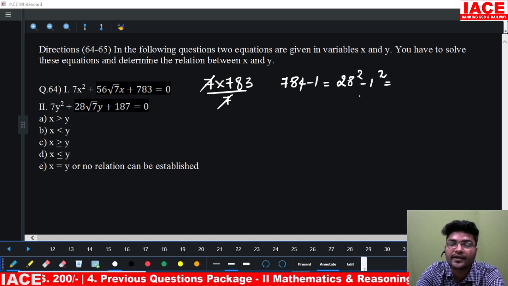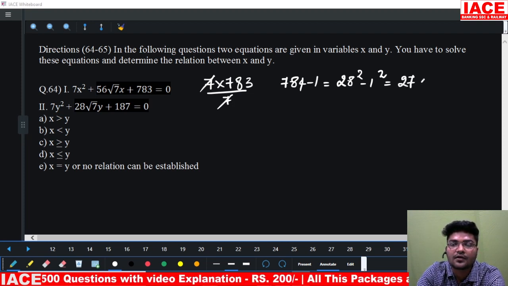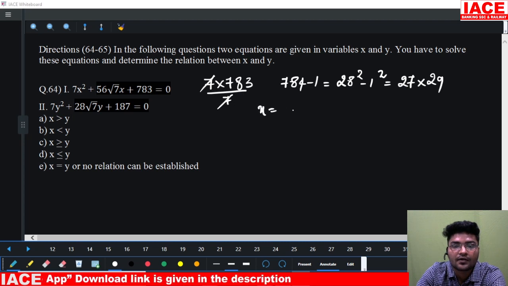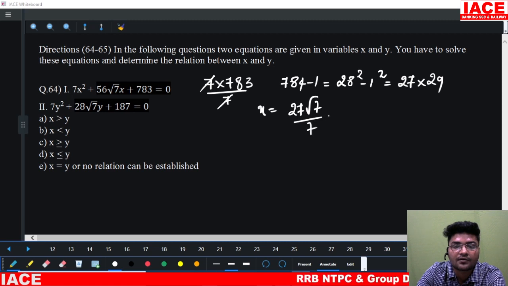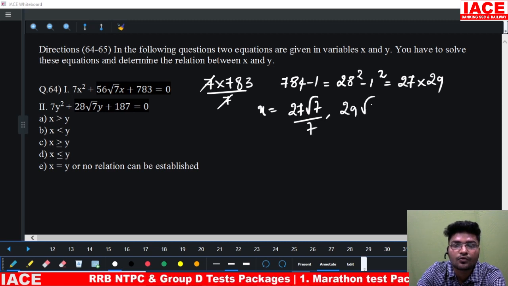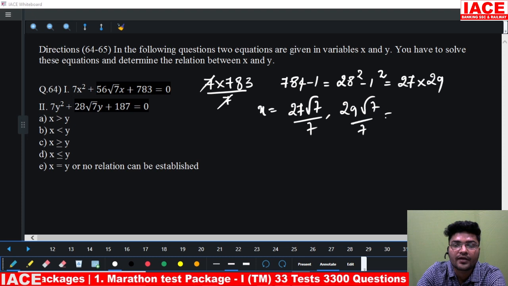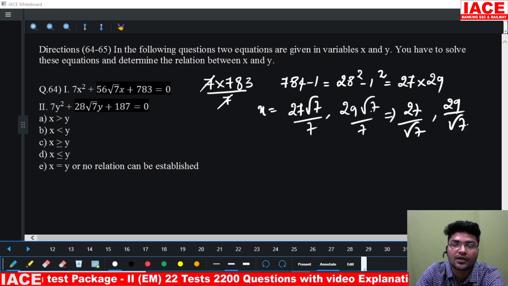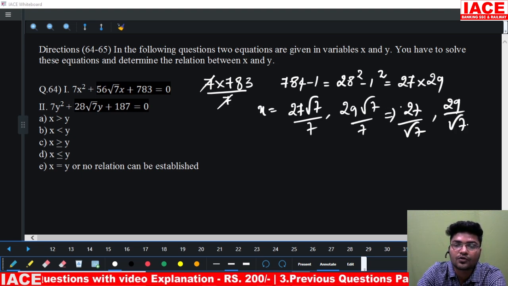That means 28 plus 1 and 28 minus 1, that is 27 into 29. So for x we get 27 root 7 by 7 and 29 root 7 by 7. Finally we get 27 by root 7 and 29 by root 7. Plus and plus means both the roots will be minus.